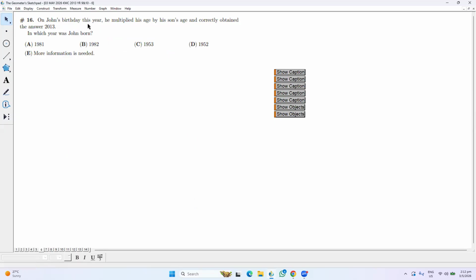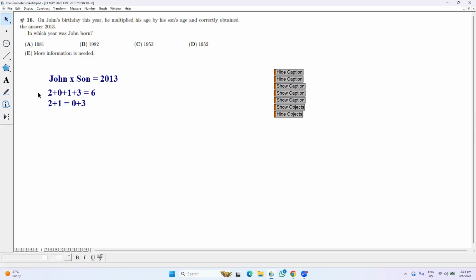On John's birthday this year, he multiplied his age by his son's age and correctly obtained 2013. In which year was John born? So 2013 is the product of John's and his son's ages. Then we study the factors of 2013.